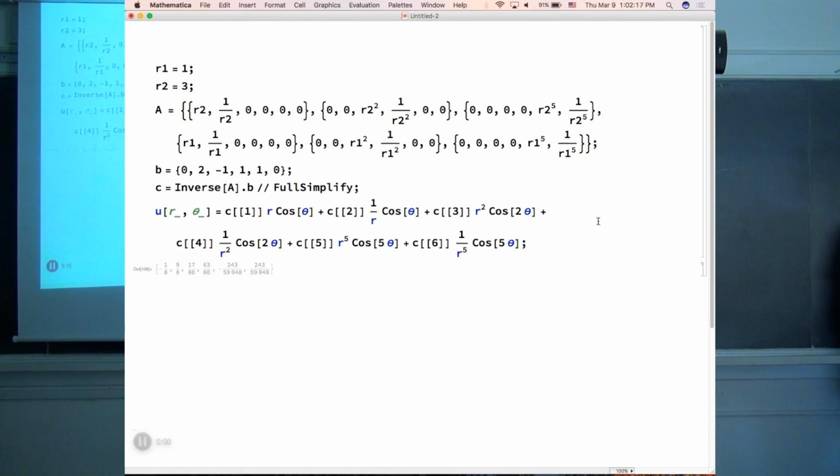Okay? So one test that I would like to do is to plug in R2 and see what we get. So U of R2 and theta, let's see what it is. Is that correct? Okay, that's good. And for R1, we get this.